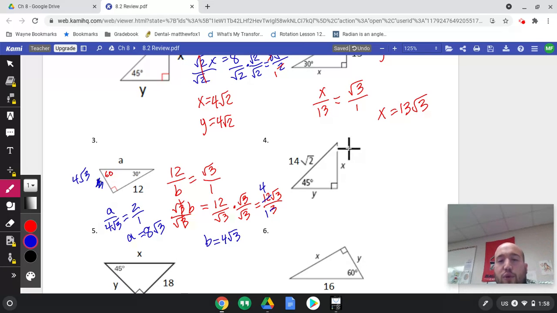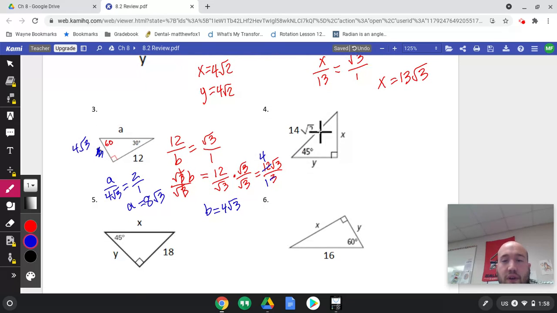All right, number 4. I'm just going to keep moving. Okay, number 4. First, identify 45, so we know it's a 45, 45, 90 triangle. X and Y have to be the same. They're the two legs, so all we got to do is solve. So 14 square root of 2 over X, that will equal square root of 2 over 1.